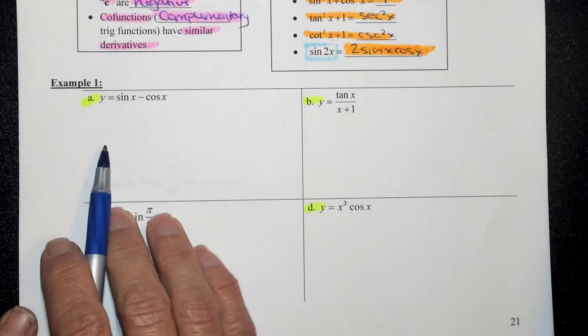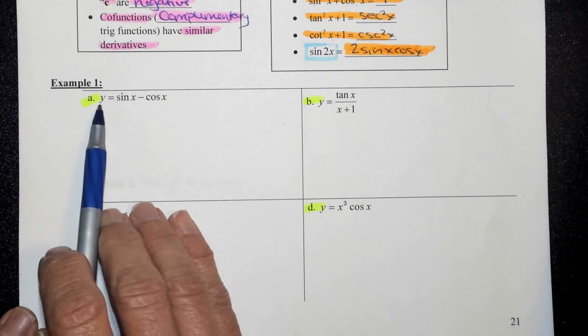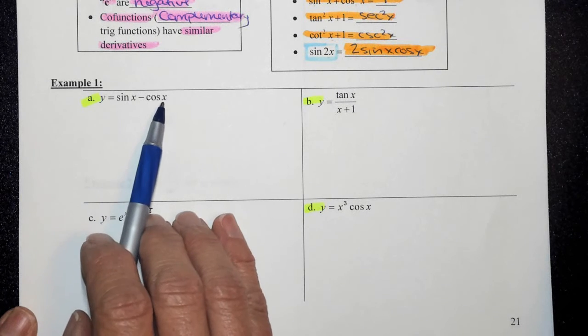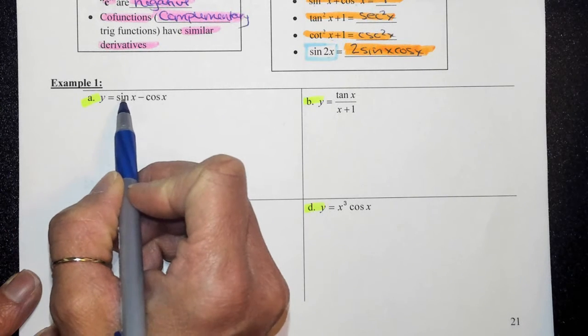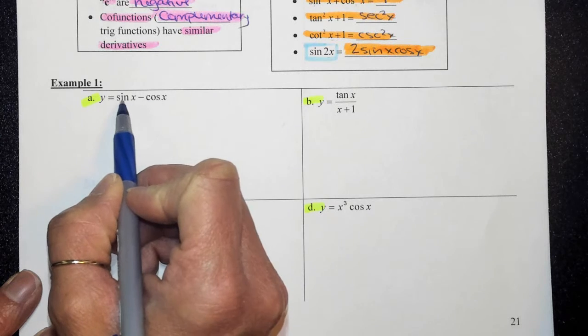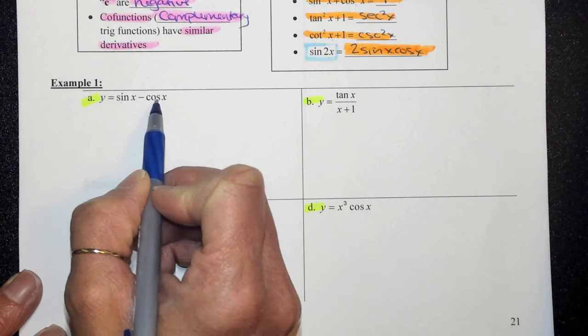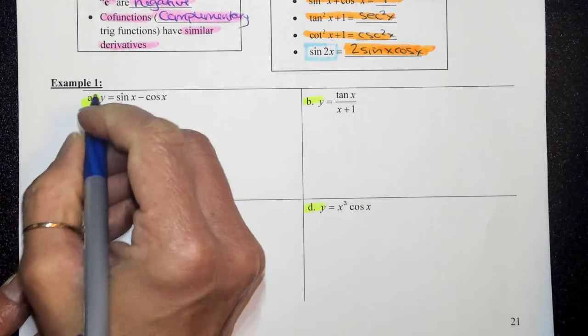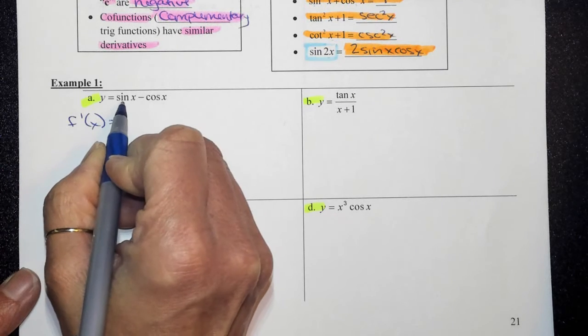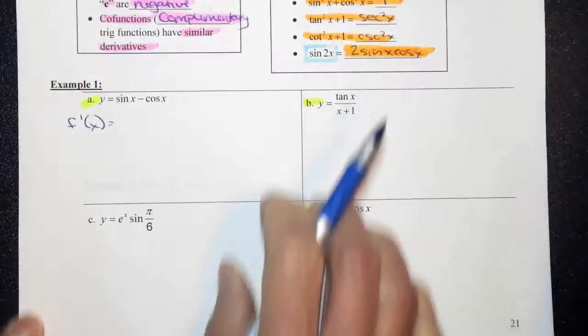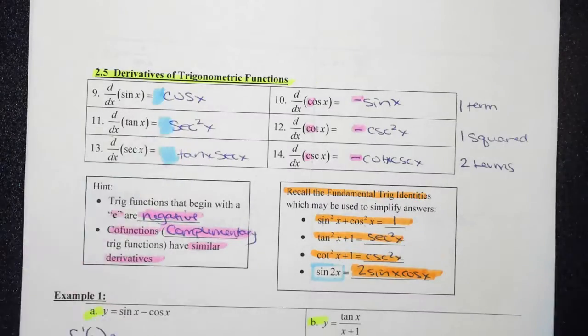So I've chosen a very basic one, A, and really this is just finding the derivative of sine of x minus cosine of x. This is a difference derivative rule, meaning you take the derivative of this function minus the derivative of this function. So f prime of x is equal to the derivative of sine, which is up here. The derivative of sine is cosine.